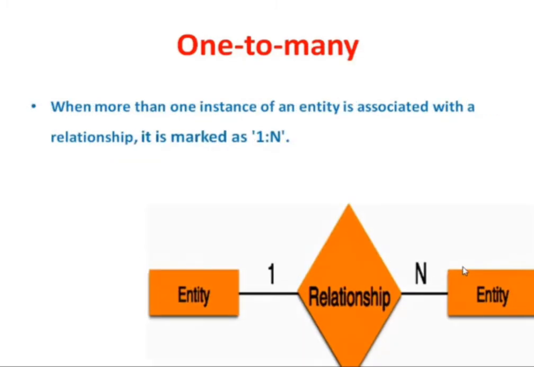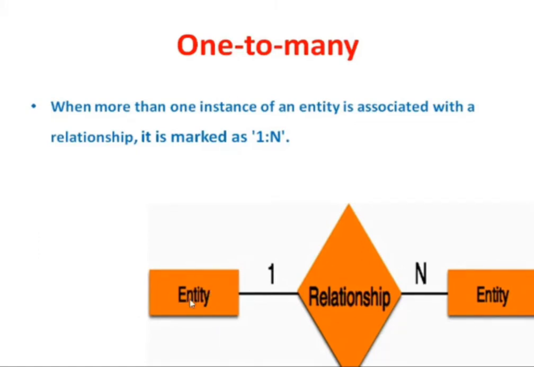The next is 1 to many. One instance of this entity has the relationship with multiple instances of the other entity. So this will be referenced as 1, and here it is referenced as n. So it is marked as 1 to n. Suppose you take this example, as I'm taking class now.